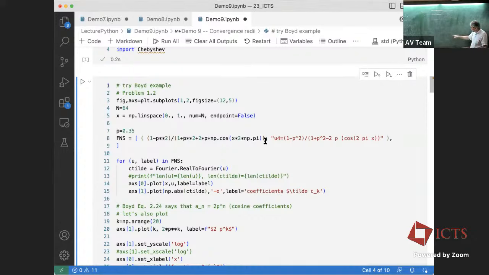This function can also be written, and I continue to be amazed by this example, as 1 plus the sum over n, n equals 1 to infinity, 2p to the n cosine nx. So this is actually directly a Fourier expansion, where each mode has the amplitude 2p to the n.